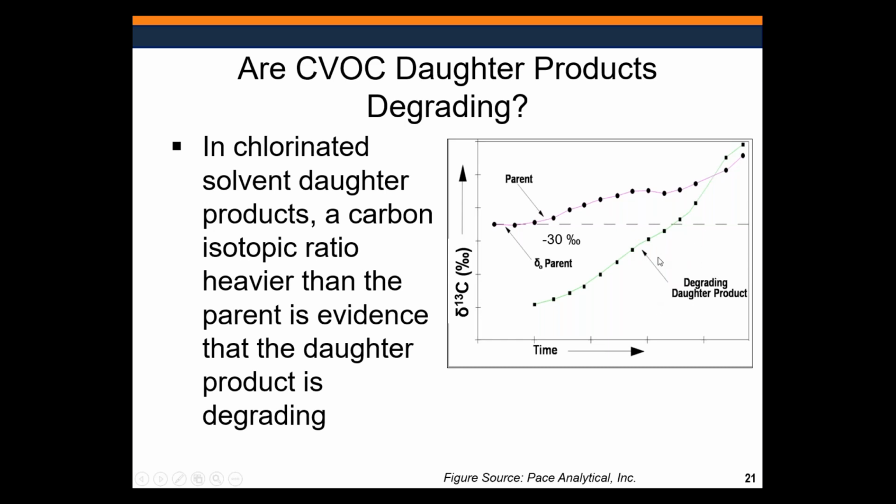But interestingly, if you have a complete mass balance at your site, and you can see this in microcosms or pure culture studies, if you have all of your TCE, your cis, your vinyl chloride, and your ethene, and you add all of those up, concentration and isotopic ratio, at each point in time, that'll be -30 per mil. They'll be heavier, lighter, but they'll all ultimately add up to -30 per mil.